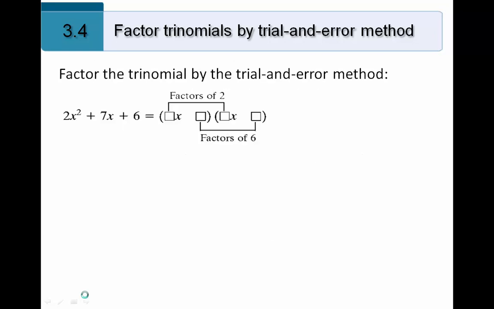All right, so let's look at this. Let's factor this first trinomial using the trial and error method. Okay? So we have 2x squared plus 7x plus 6, and it's already in descending order. So let's just go ahead and draw.